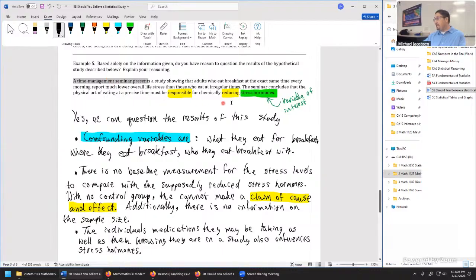And they're just saying, hey, there's this study. We're trying to emphasize a certain outcome of the study because it's favorable to our time management seminar in the very first place.